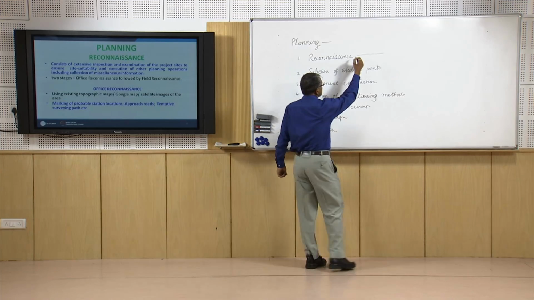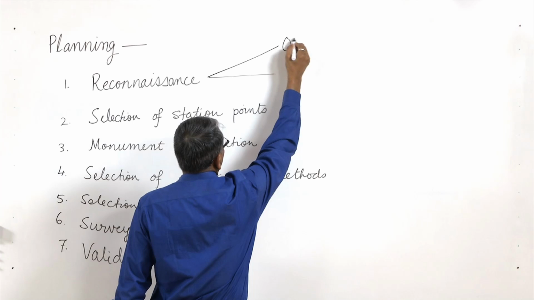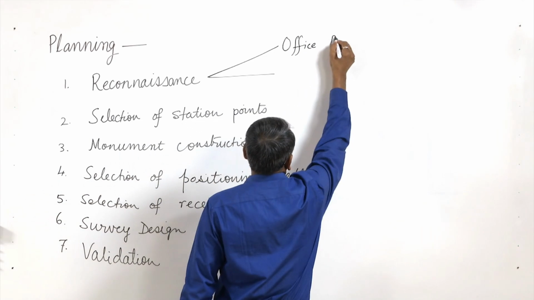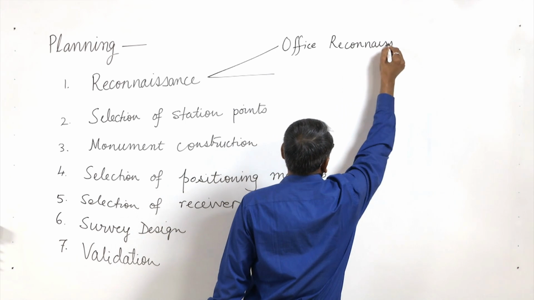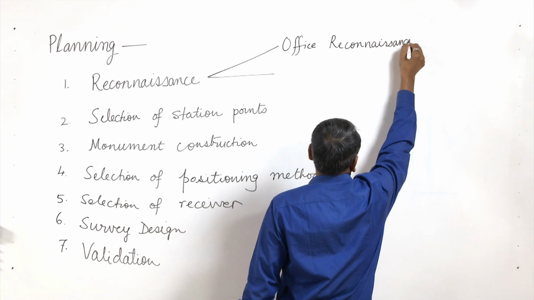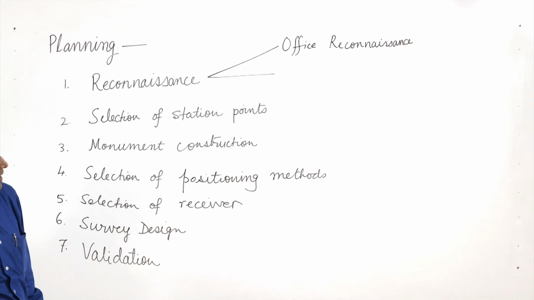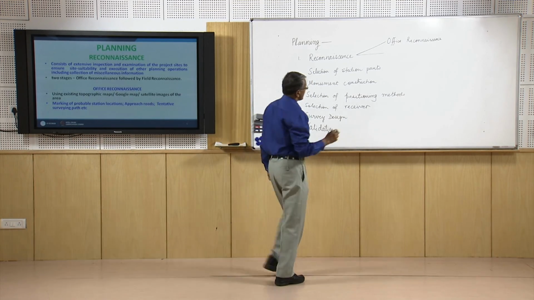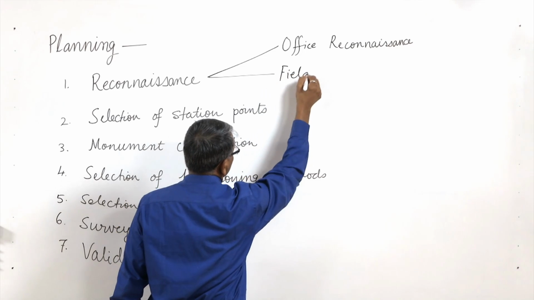Now, reconnaissance is carried out in two steps. One is in the office, that is called office reconnaissance, and after that we have to carry out the reconnaissance in the field, that is called field reconnaissance.